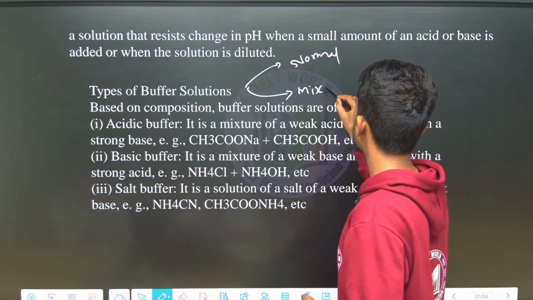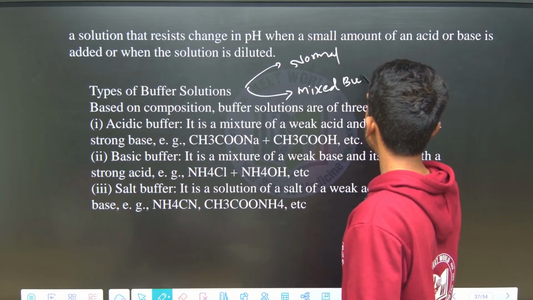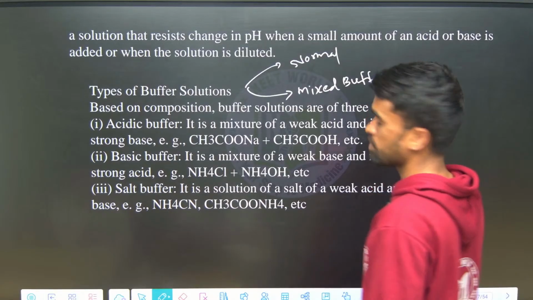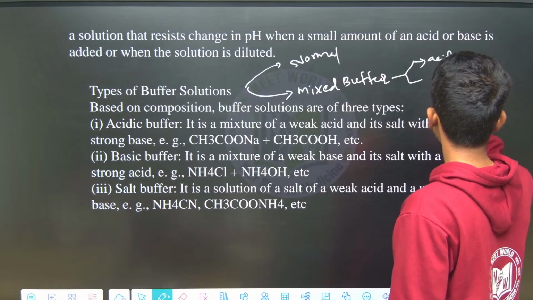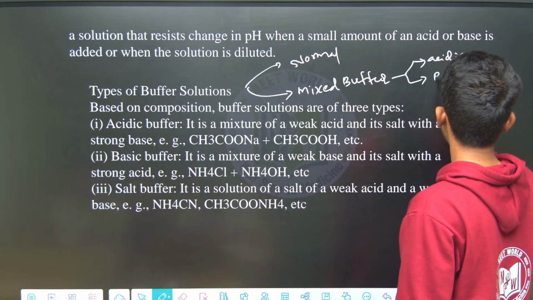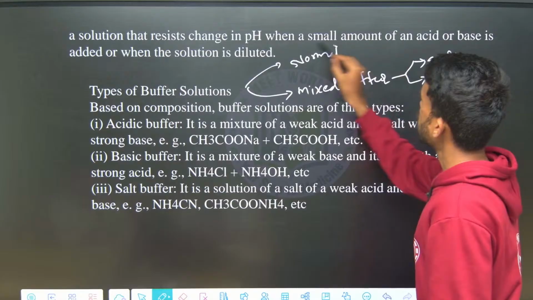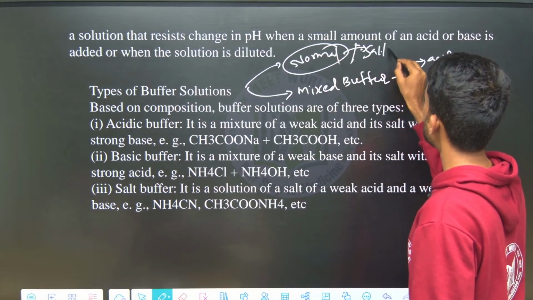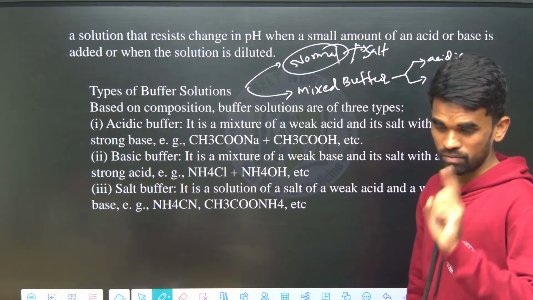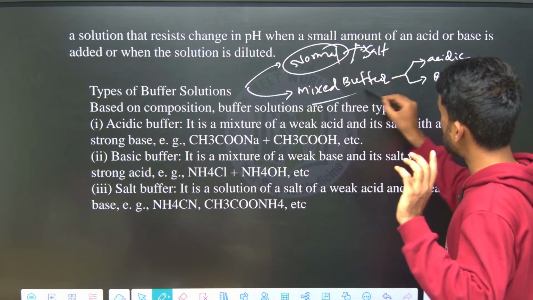This mixed buffer again has two types: one is the acidic buffer and the other is the basic buffer. The normal buffer, or salt buffer, is only one, but mixed buffers are two.